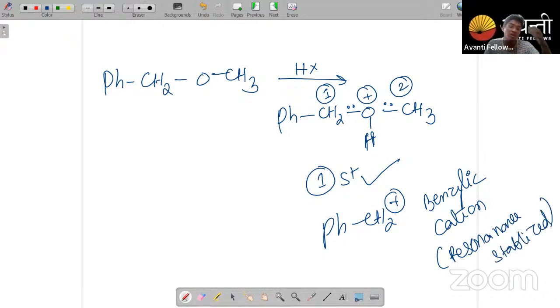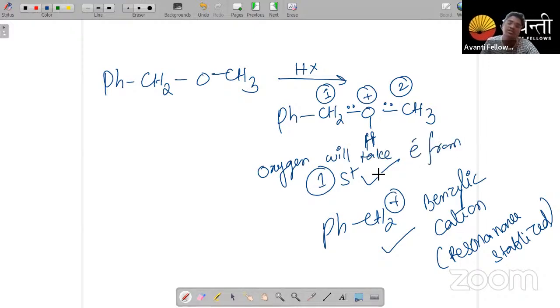I already told you, benzene with primary and secondary carbons, those all are benzylic cation formations which are resonance stabilized. So this is the more stable one. So oxygen will take electrons from the first carbon for the formation of benzylic cation.